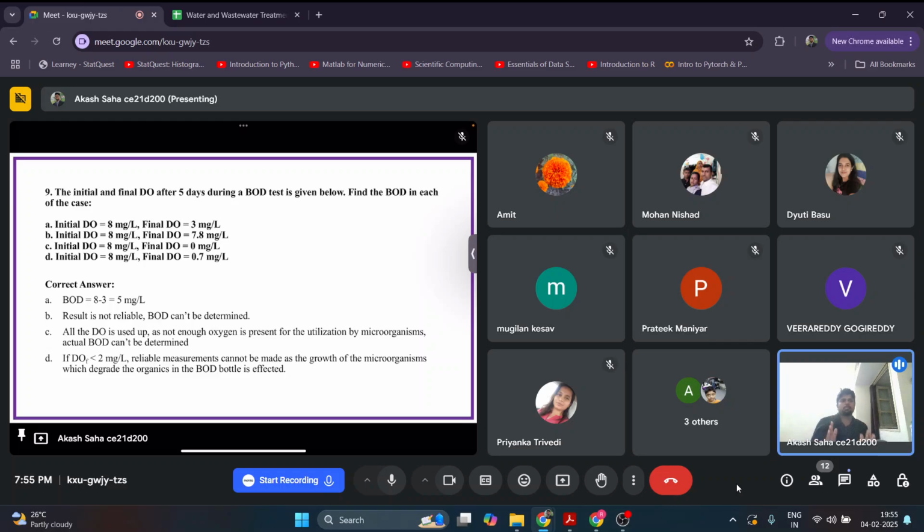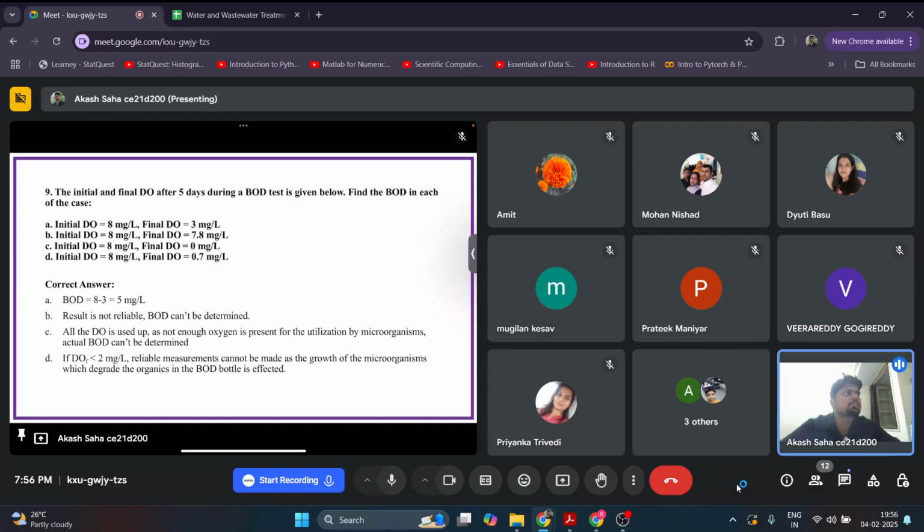Always remember, whenever you are going to do a BOD test, first do the COD test. The COD test is much easier and faster to do. Once we know the COD, if it's a biological or wastewater sample, we can trace back the BOD value, roughly 60-70%. For municipal wastewater, first do the COD.